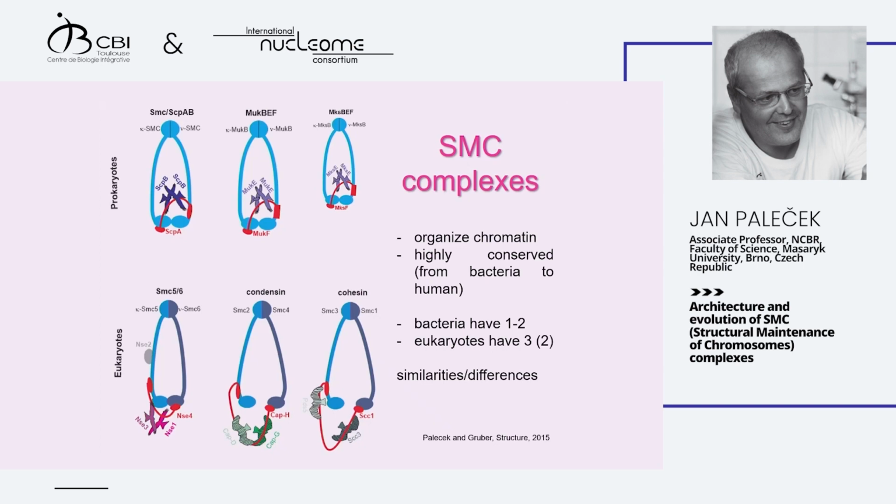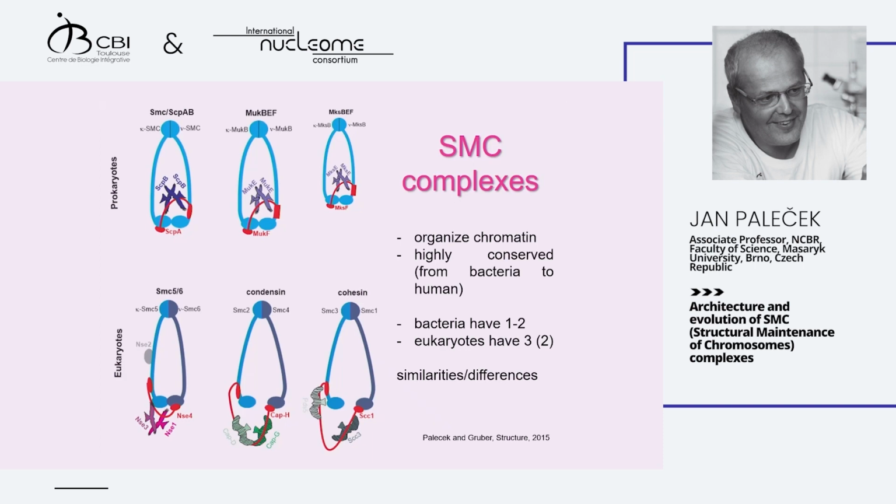I will tell you about the architecture of SMC, structural maintenance of chromosome complexes. You already heard about cohesin and condensin, and these complexes are highly conserved. You can find SMC-like complexes in bacteria. In fact, you can find either one of these two, or even two complexes.